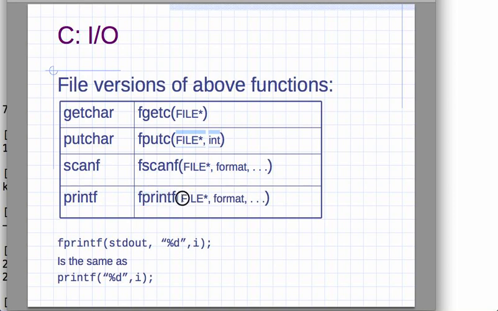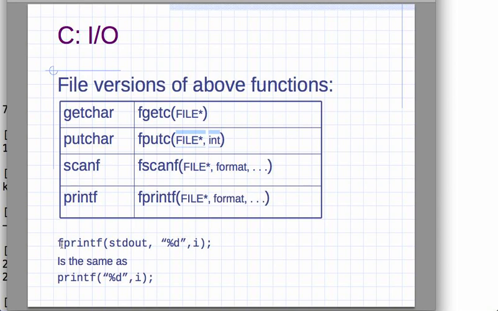So in this case, you have at least two arguments. First one is a pointer to a file. The second is a format string, and then you can have 0 or more arguments after that if you want to print specific variables, assuming that you have the right format string, like %d or whatever.